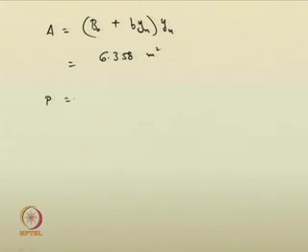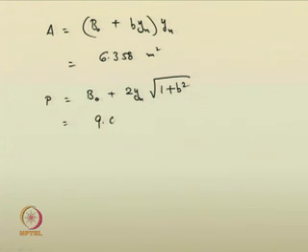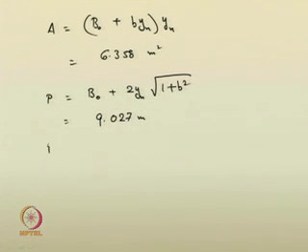You will also get the wetted perimeter, B 0 plus 2 times y n root of 1 plus b squared. Substituting the values, you will get 9.027 meter. So, your hydraulic radius A by P will be 0.704 meter.